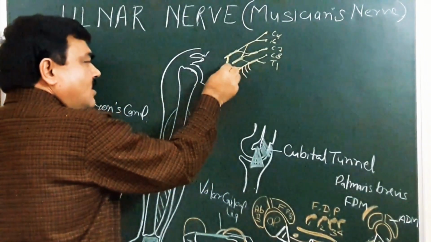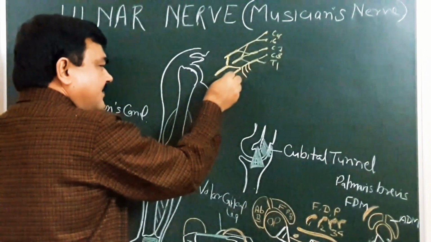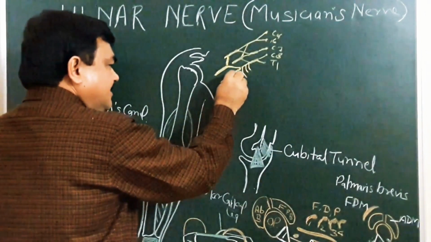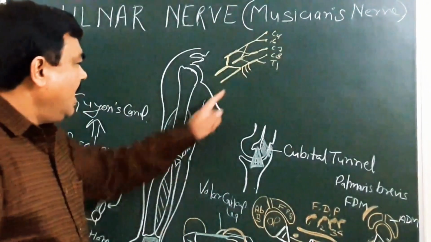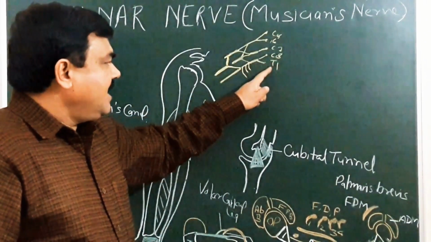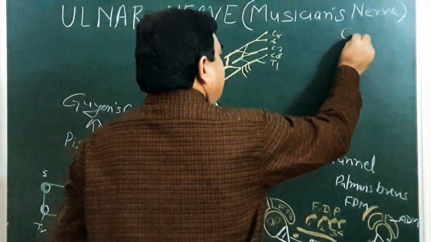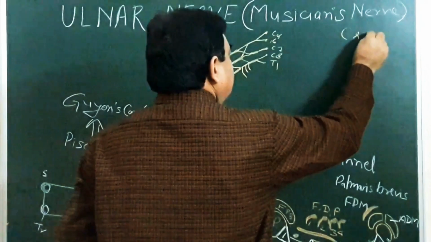It continues as the ulnar nerve. This ulnar nerve has root value of C8 and T1.